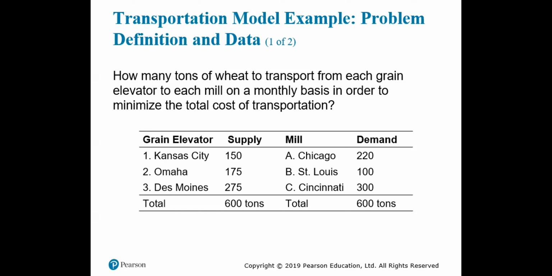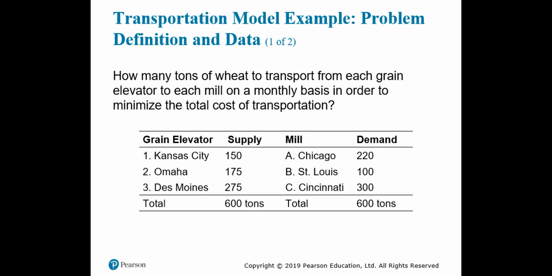So the grain elevator is a source, so that is where the goods are being supplied. And if you sum the total supply, it is equal to 600 tons.